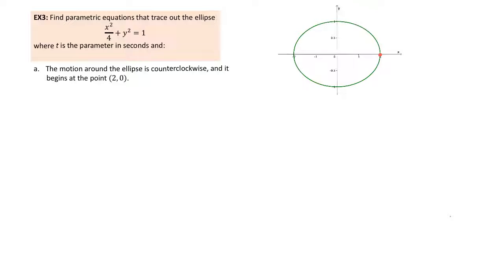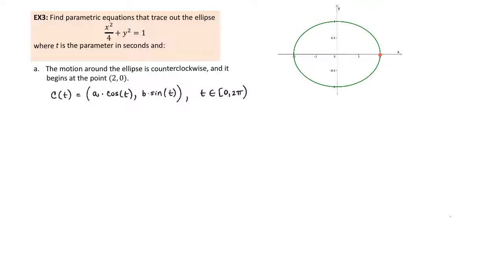Let us begin by writing down the general form of the set of parametric equations. We know that c of t will be equal to a times cosine of t, and the y component will be b times sine of t, and we know that t is going to be between 0 and 2 pi.